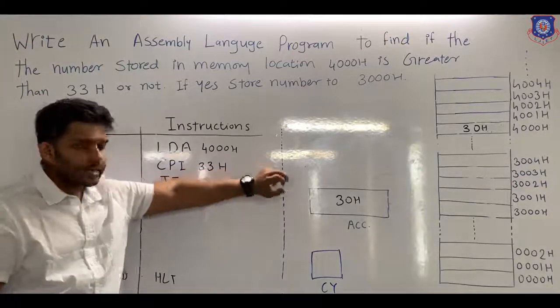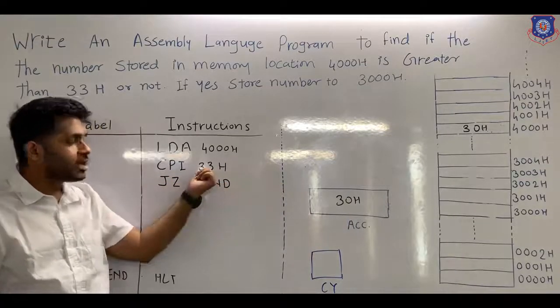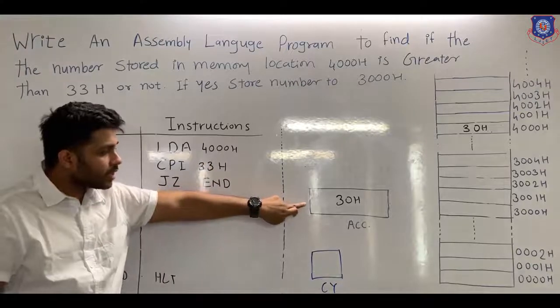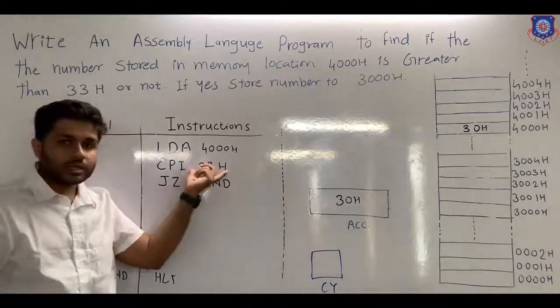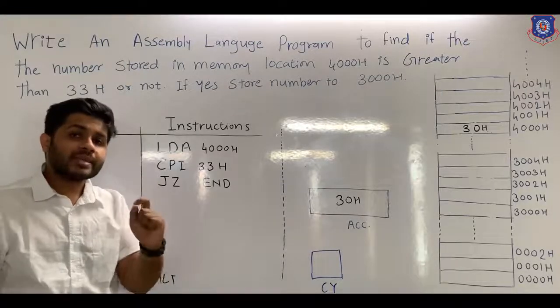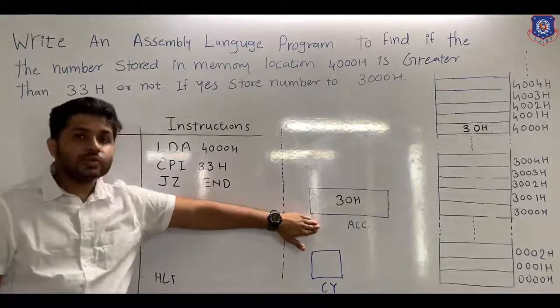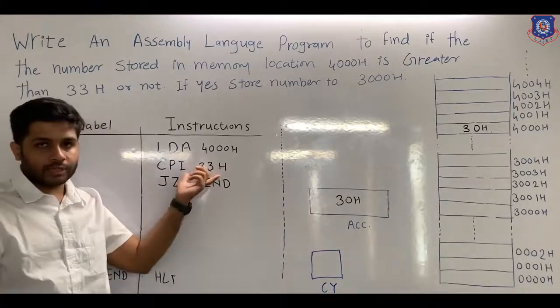In this case, what actually is happening, 30 minus 33H is performed. When the content of accumulator is smaller than the 33H, in that case the carry will be set. And when the carry will be set, it means the content of accumulator is actually smaller than the 33H.